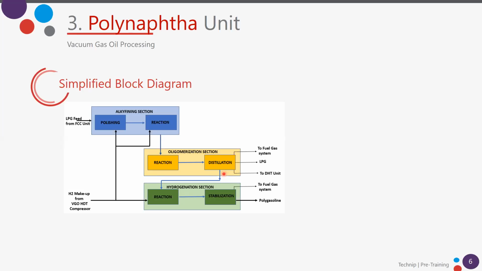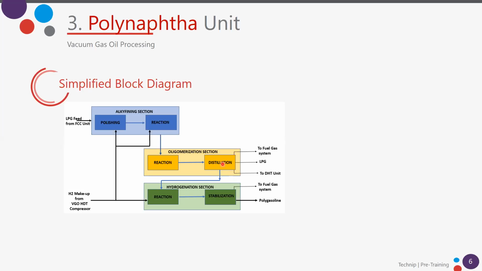Remember that it's a pool that we will mix with different gasoline streams. Remember that we have seen that we have reformate, we have isomerate, we have gasoline from the FCC, then we will blend it together to have our gasoline on specification.